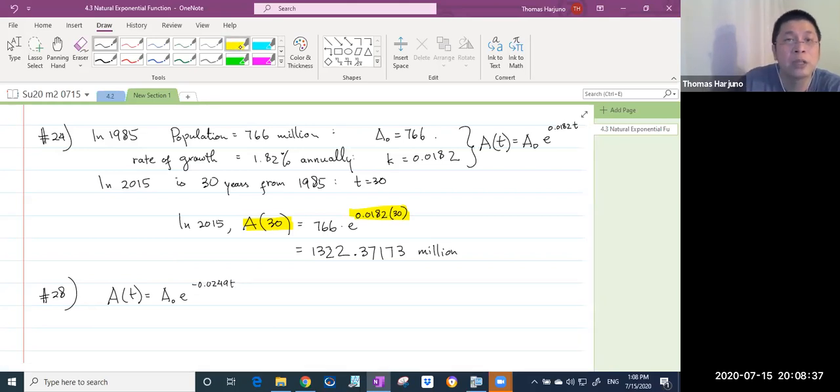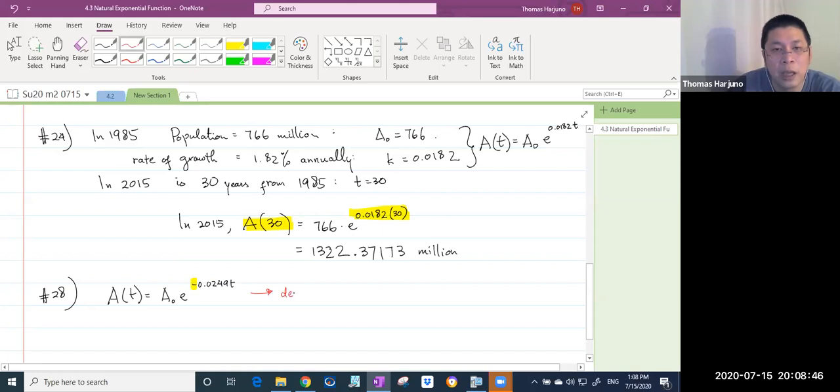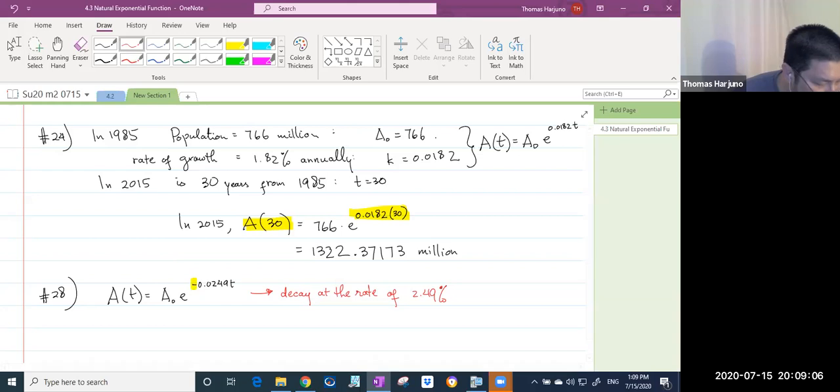Now, because it is negative, we know it is decaying. Okay, it is decaying at the rate of, we call that the decay rate, 2.49% per unit of time. I think in this case it is the number of days. t is in days.